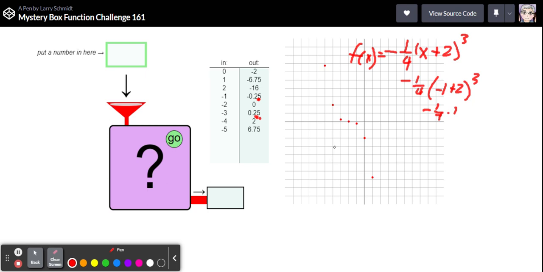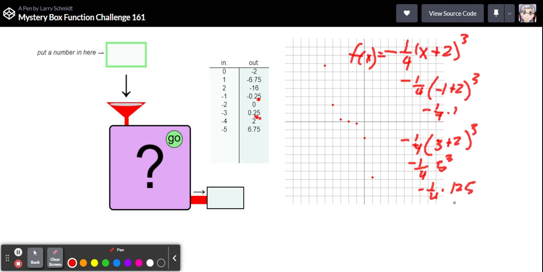Maybe we can predict one more value. Let's predict what we'd get at a 3. So -1/4 times 3 plus 2 quantity cubed. So 3 plus 2 is 5. 5 cubed times -1/4. So that's going to be -1/4 times 125. That's not going to be an even number.